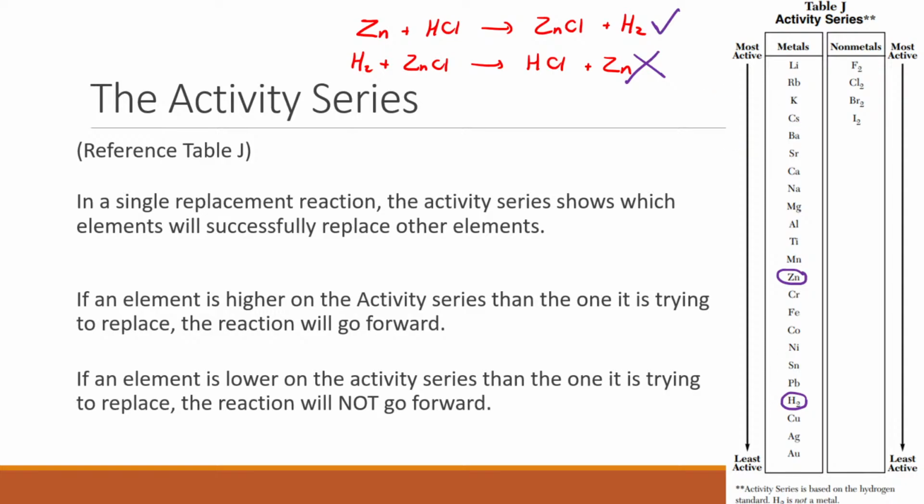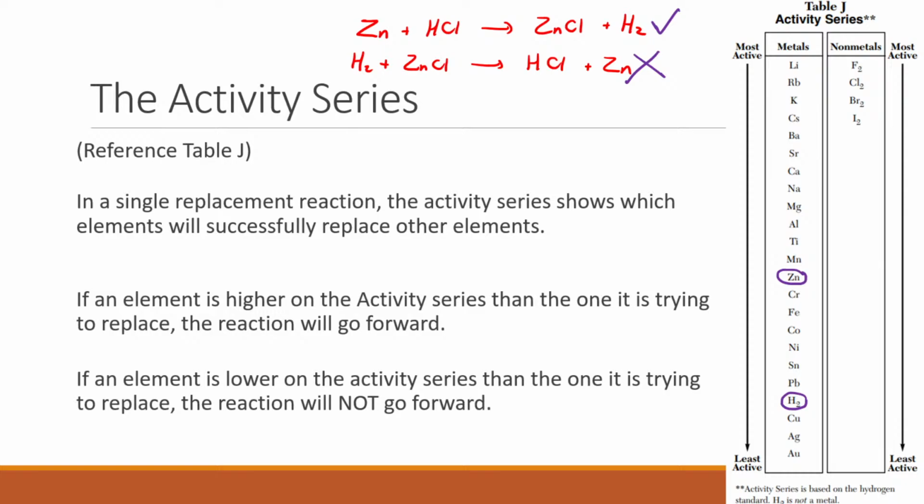This acts like a totem pole, a ranking system. Lithium is the best replacer. Lithium can't be replaced by anything on this table. Rubidium is a fantastic replacer, but it could be replaced by lithium. So on and so forth.